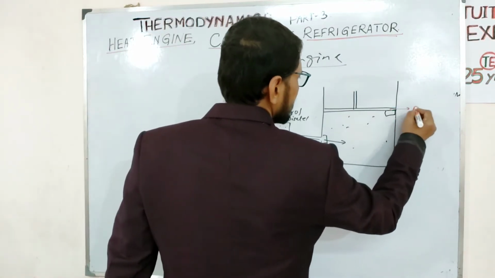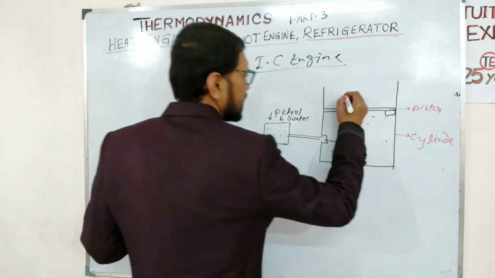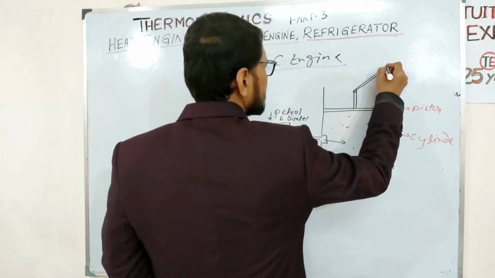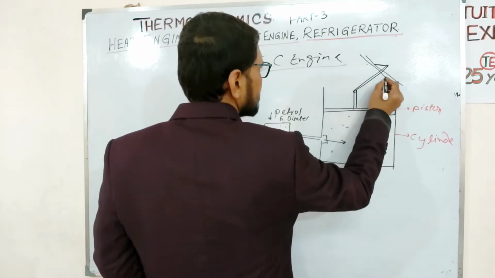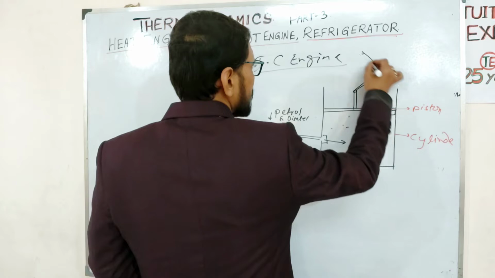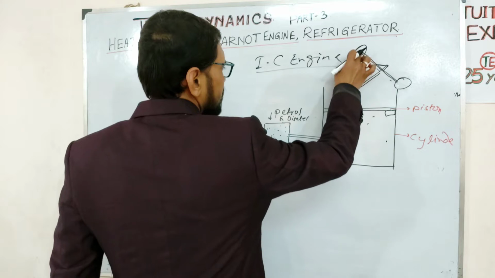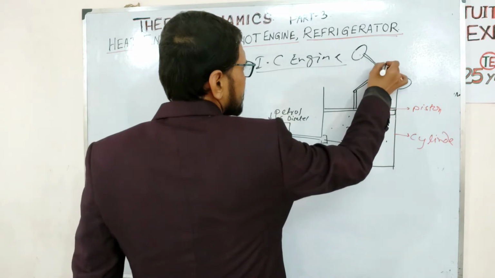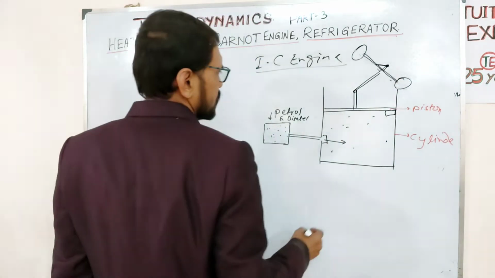This is the cylinder, this is the piston, and this is a rod connected to the axle. The axle is where the wheel of the car is joined through a rod.